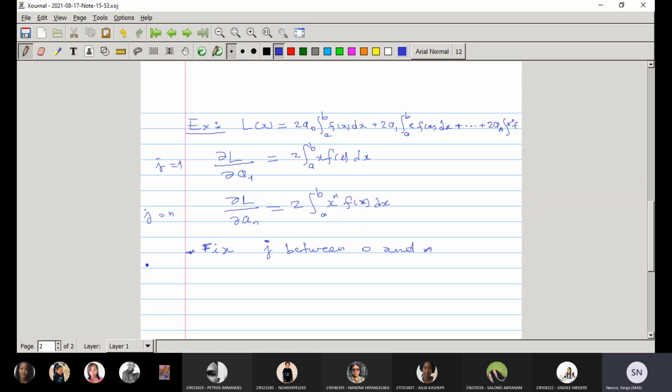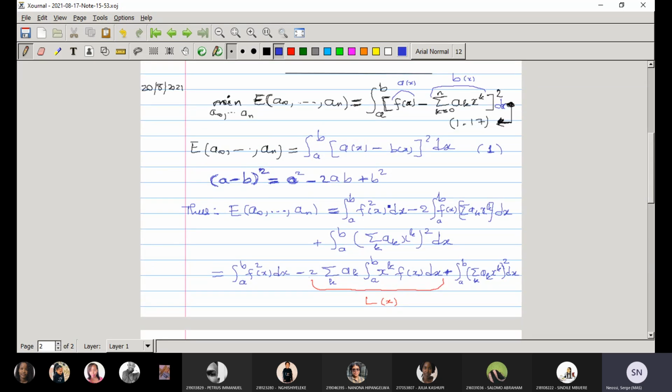When we fix one of them, now we are going to differentiate with respect to aj. Now, if I ask you what is the partial derivative of this with respect to aj, you will say that it is 2 integral from a to b, x to the j, f of x dx. Right, that's exactly what you will say.